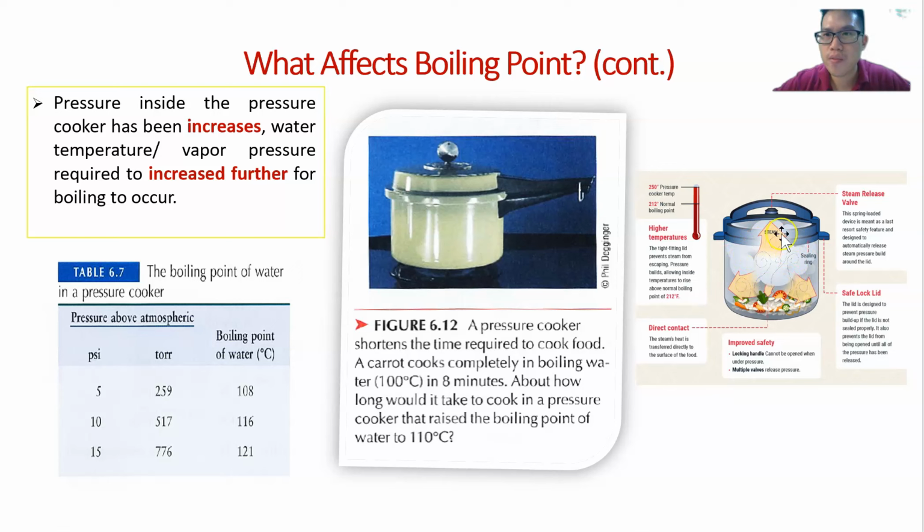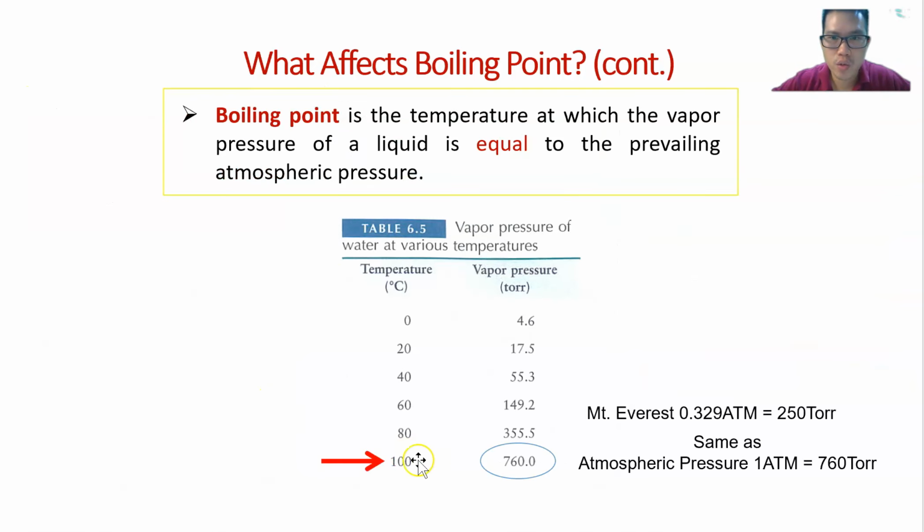When the pressure in the cooker reaches about 1000 torr, your temperature needs to increase to about 130, 140 before it starts to boil.